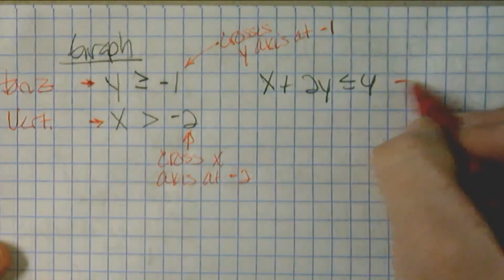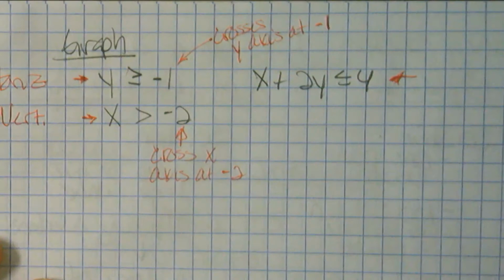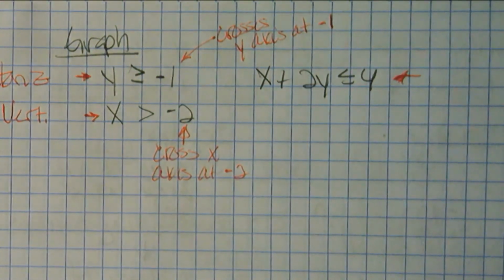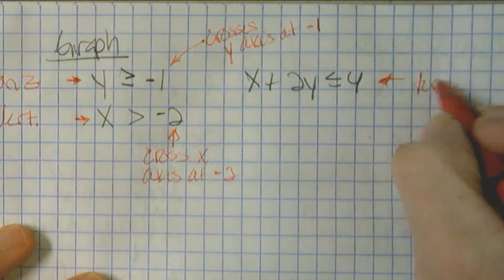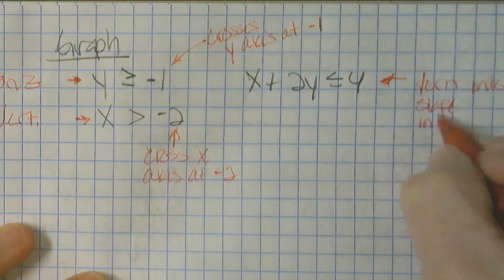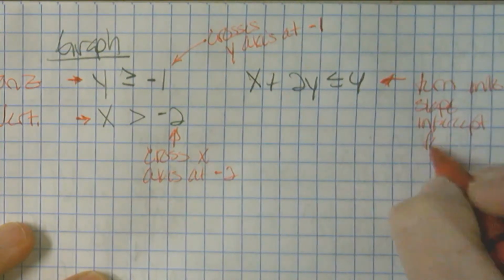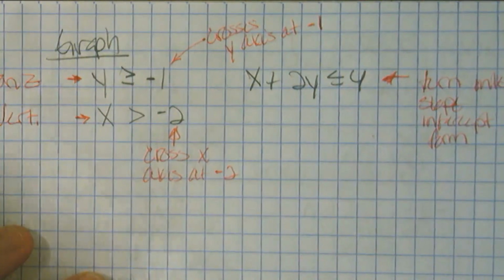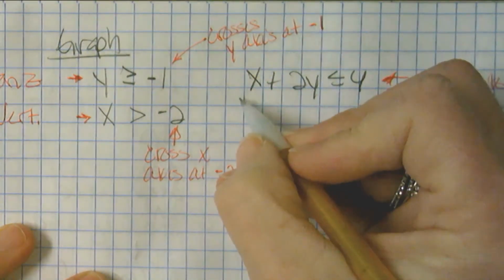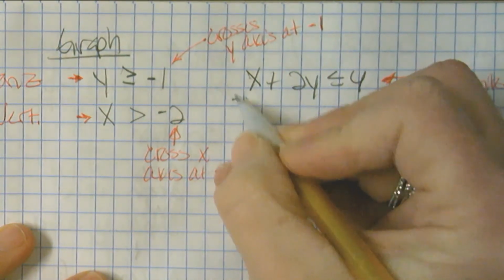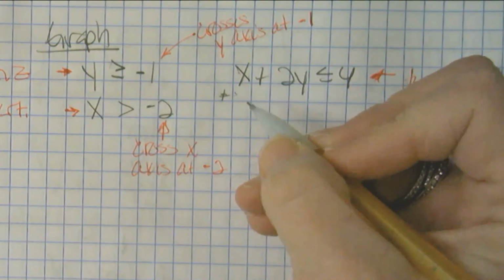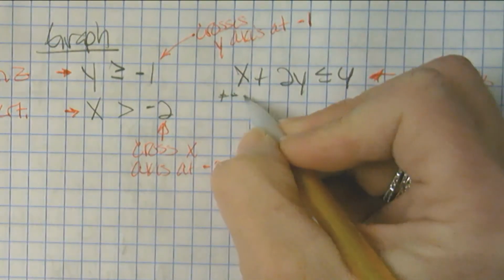All right, what do I have to do with that third equation for us to graph it? Lily? Yeah, I need to turn it into slope-intercept form. How about x?